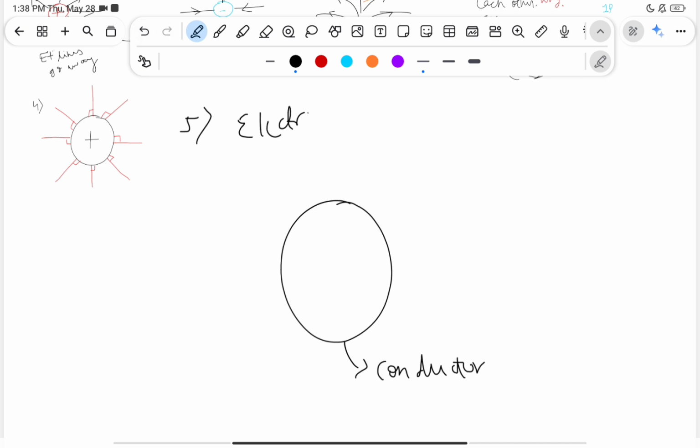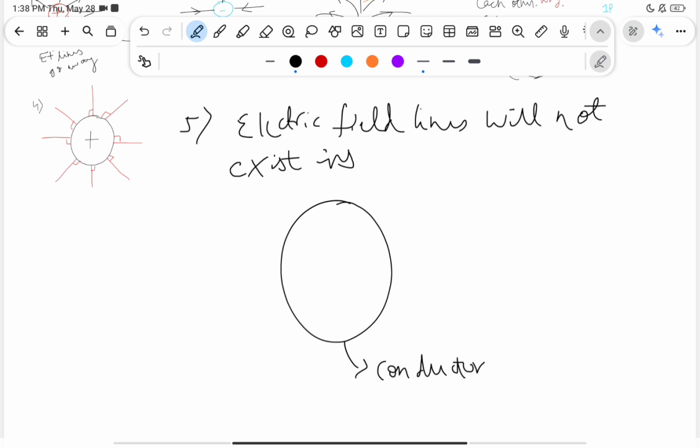Electric field lines will not exist inside the conductor.